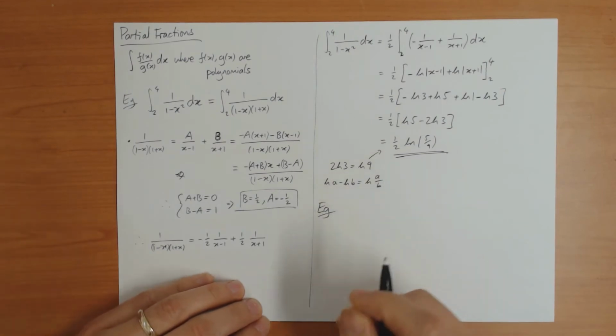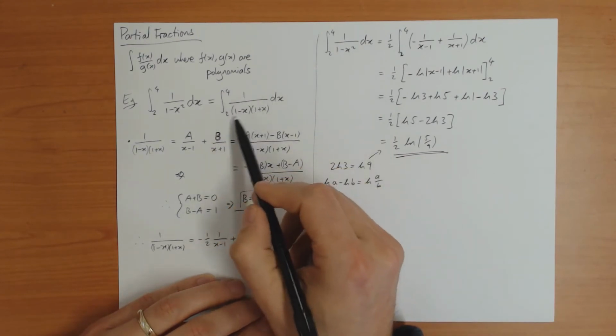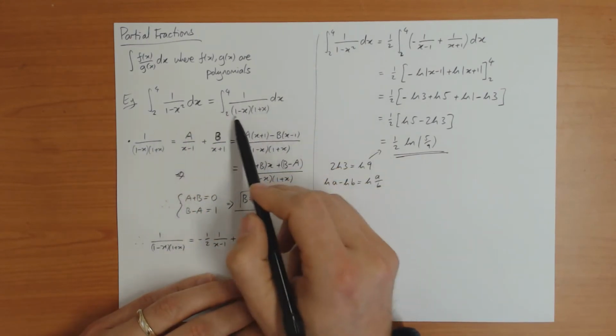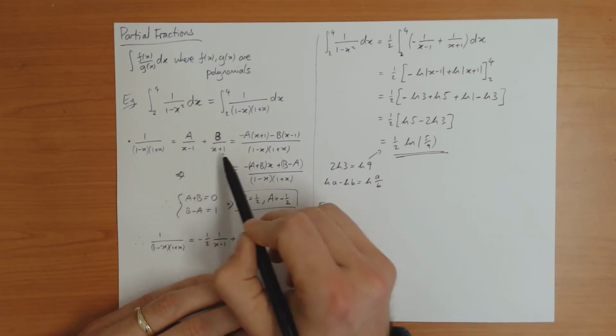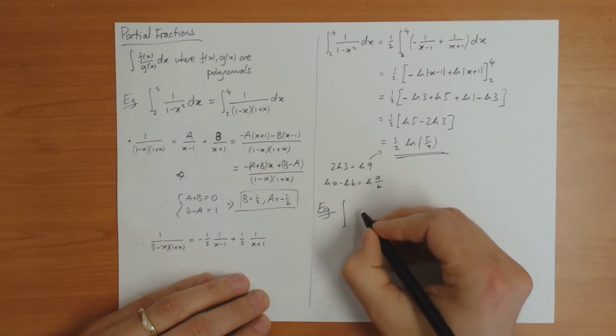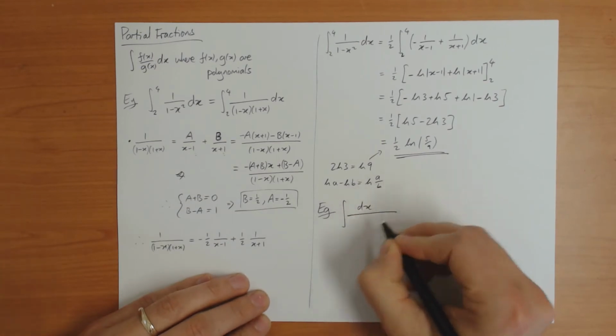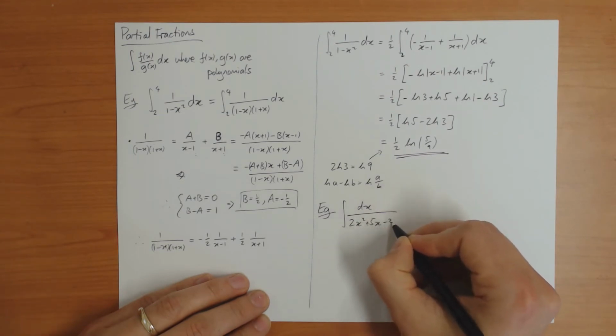I'll just do one more example to make sure you get the trick. The main step is here: you factorize the polynomial and then write it in terms of its factors like this. So the example is the integral dx over 2x squared plus 5x minus 3.